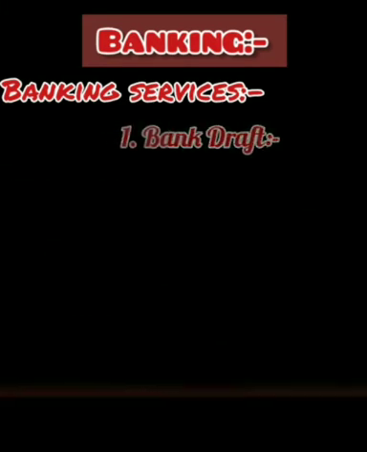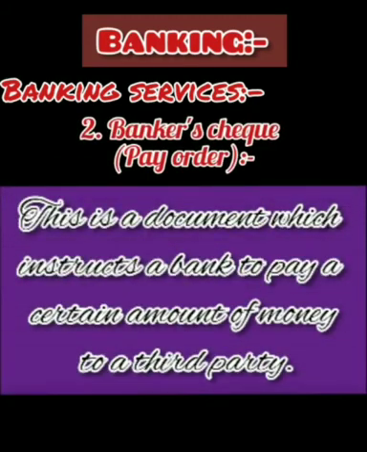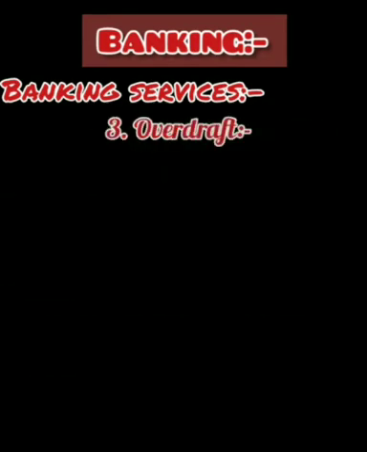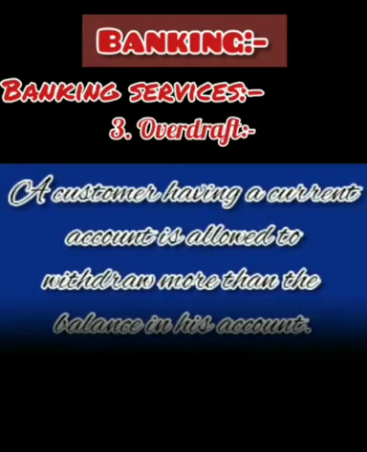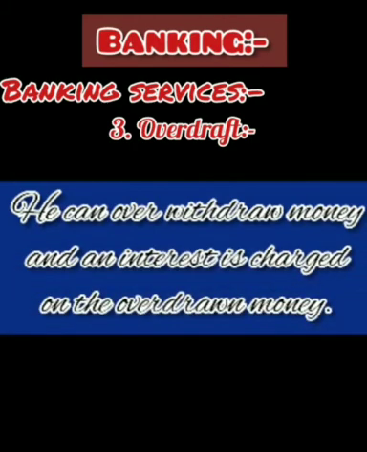Number two, banker's check or pay order. This is a document which instructs a bank to pay a certain amount of money to a third party. Number three, overdraft. A customer having a current account is allowed to withdraw more than the balance in his account. He can over withdraw money and an interest is charged on the overdrawn money.